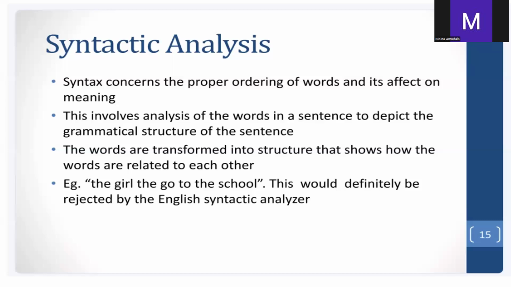First, tokenization. Tokenization is breaking down a sentence into individual words; we are breaking down the words in a sentence. That is tokenization. And the next, parts of speech, also called POS tagging.